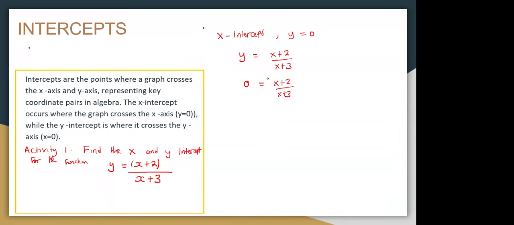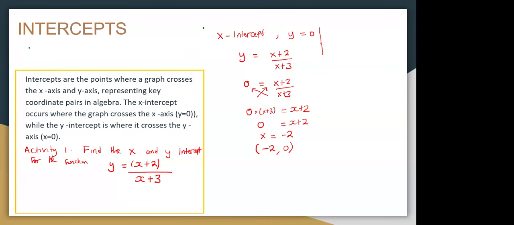At this point, you can cross multiply. You have 0 times x plus 3 equals x plus 2, so 0 equals x plus 2, and therefore x equals negative 2. That means your x-intercept has x value negative 2 and y equal to 0. So along the x-axis, the point is negative 2, 0.